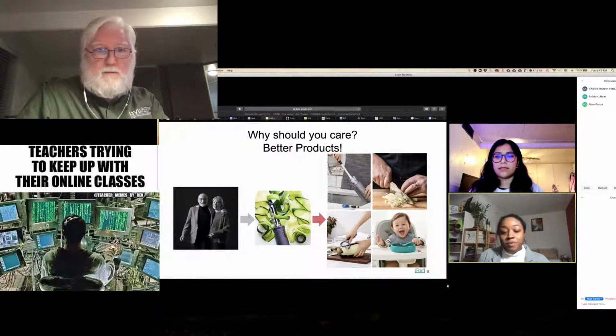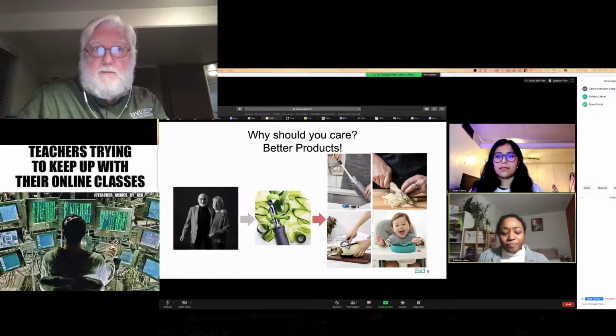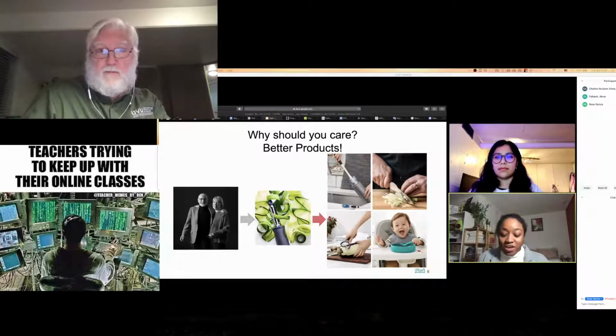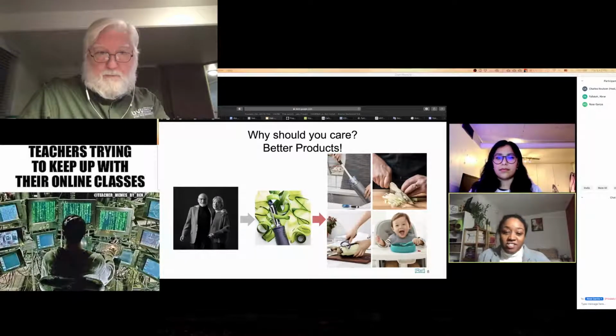from a product perspective. The story of the founder of OXO is really cool. The founder asked, why are you facing so many difficulties using the peeler? It's just a peeler, right? She said, well, I have arthritis and no one looked at that issue. They then founded a company that makes kitchen tools that help people with arthritis.